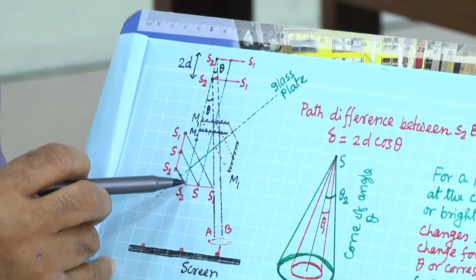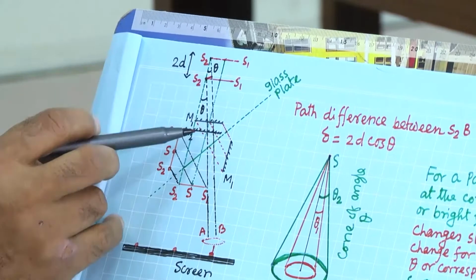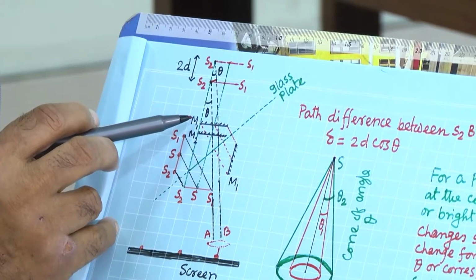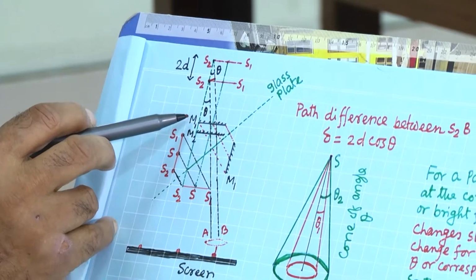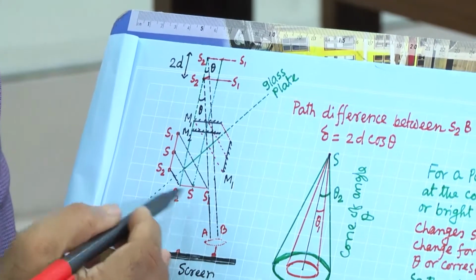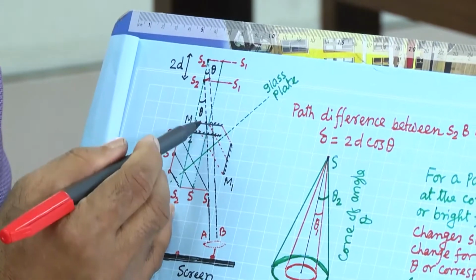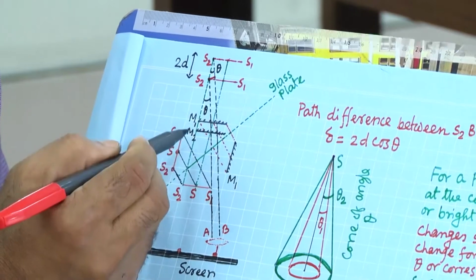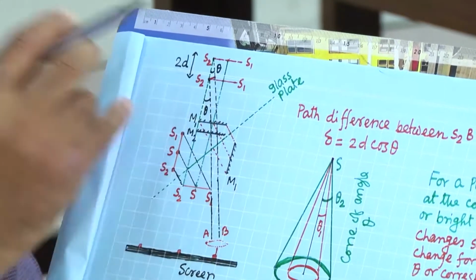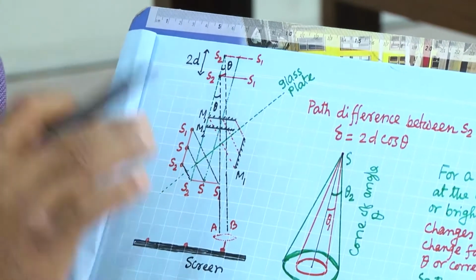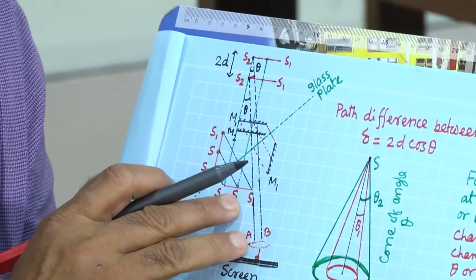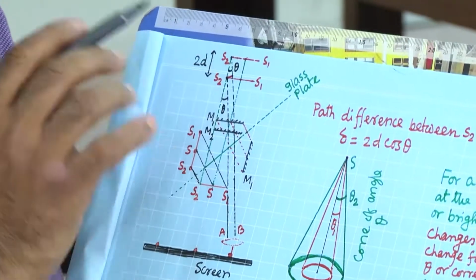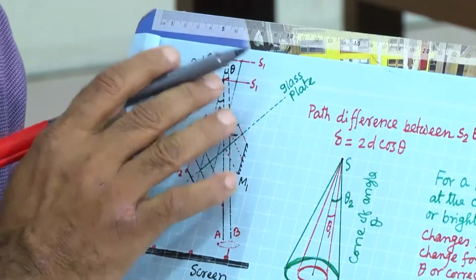This will be the image from mirror 2 and this will be the image from mirror 1. So, as if from this single source we are getting two virtual sources. These two sources are coherent.